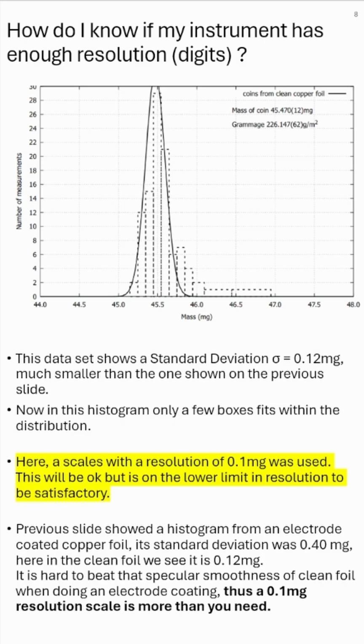That signals that the variation in the spread, if you punch out 100 coins from that foil and measure them, should be narrower, and indeed it is.